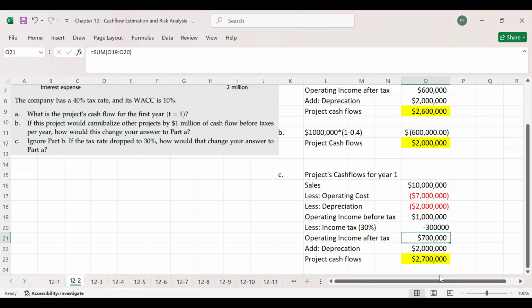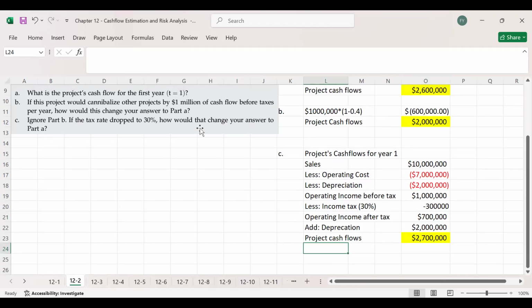That is, it is increased by $100,000. So how would that change your answer? You can see there's an increase of $100,000.